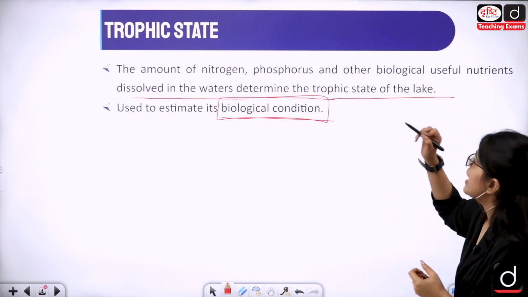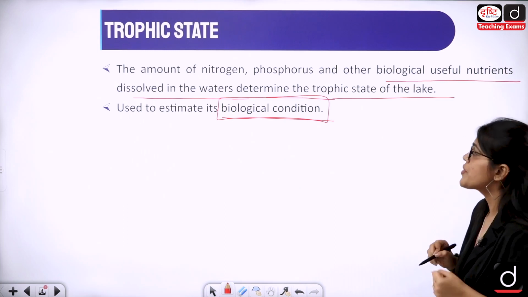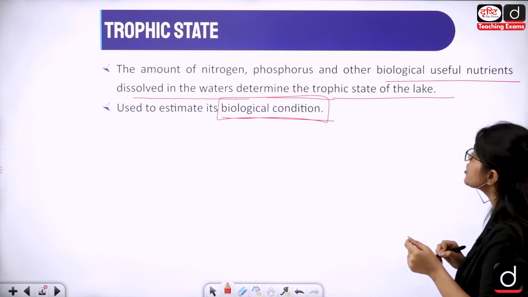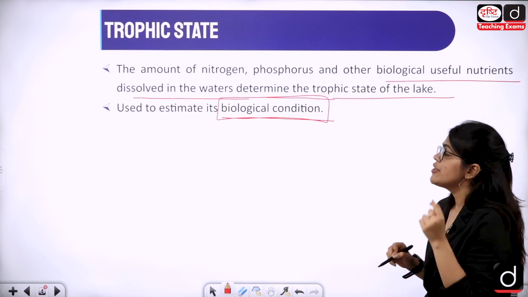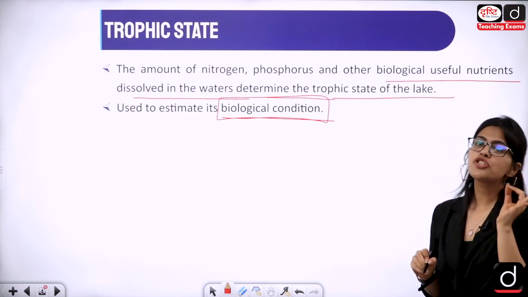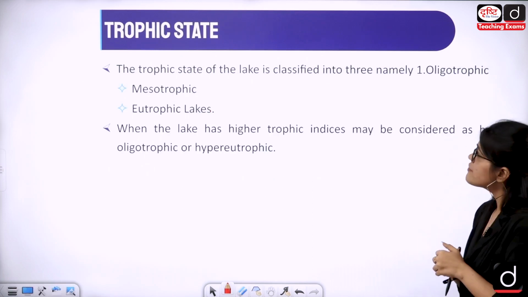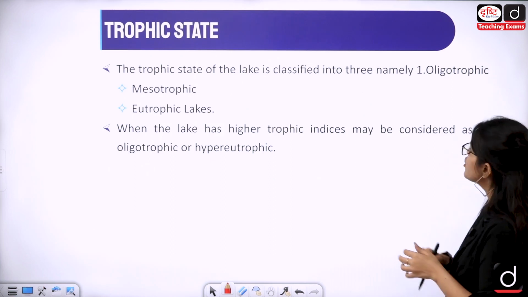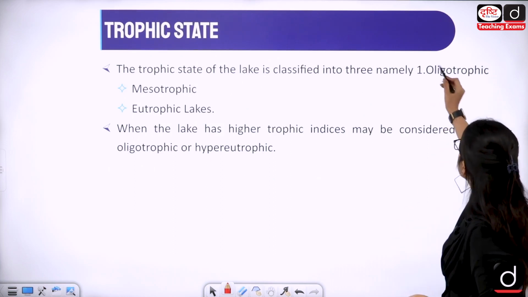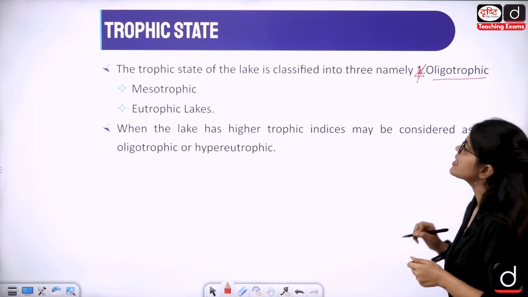The amount of nitrogen, phosphorus and other biologically useful nutrients dissolved in the water determines the state of the lake. We use it to estimate the biological condition of the lake. This is the trophic state. On the basis of this, the trophic state of the lake can be classified into three types. The first is the oligotrophic lake.